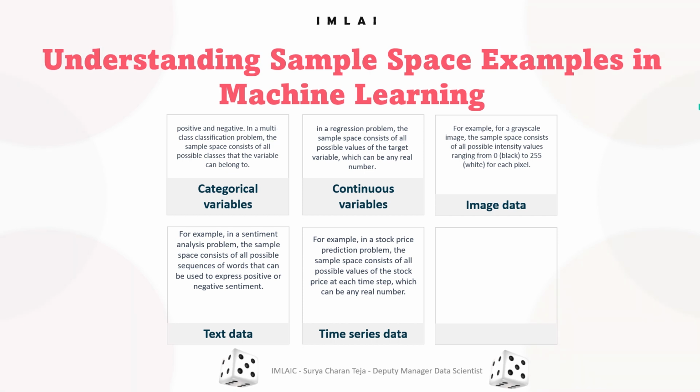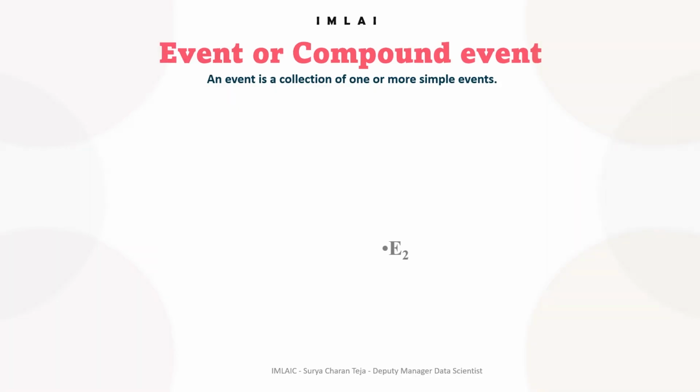Now let's take one step ahead, and we will be looking into a new concept called event. What we have seen so far is a simple event. Now we'll be seeing event or compound event. So what's the difference, you will say? An event or a compound event is a collection of one or more simple events, and that can be decomposed.